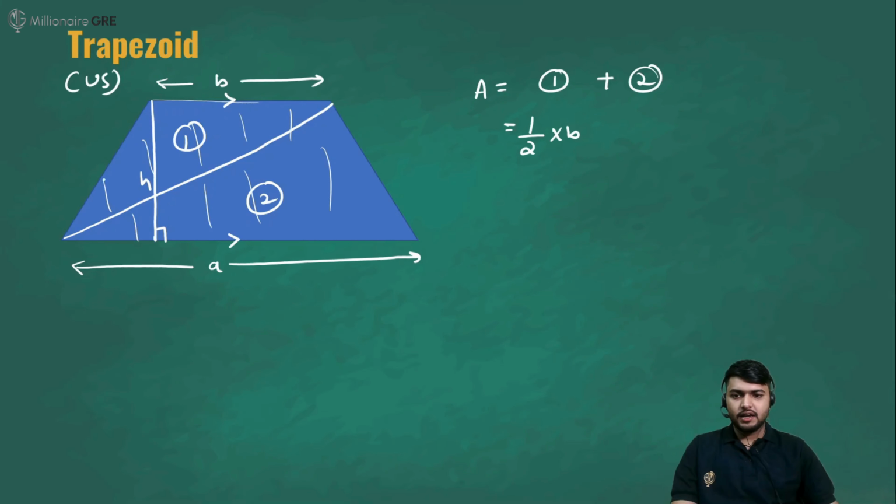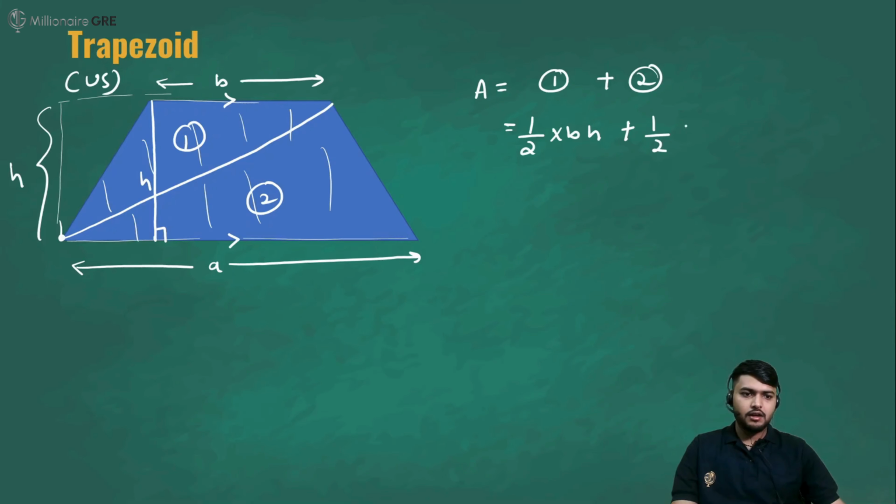What is the height? Height is the perpendicular distance from this vertex to this base, which is also h. Now for triangle 2, area is again half times base times height. Base here is A and height is again h.